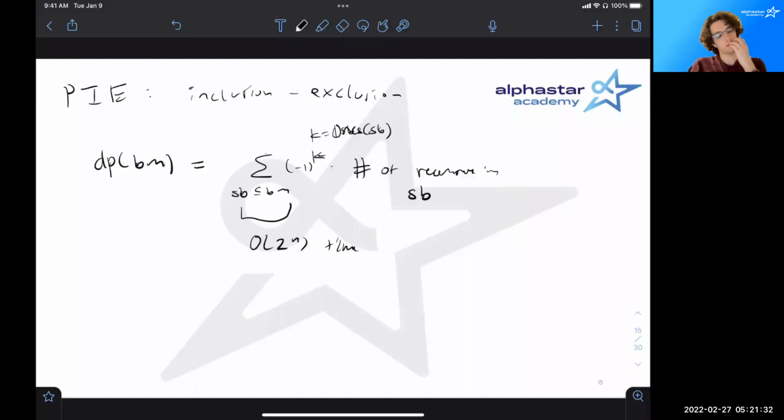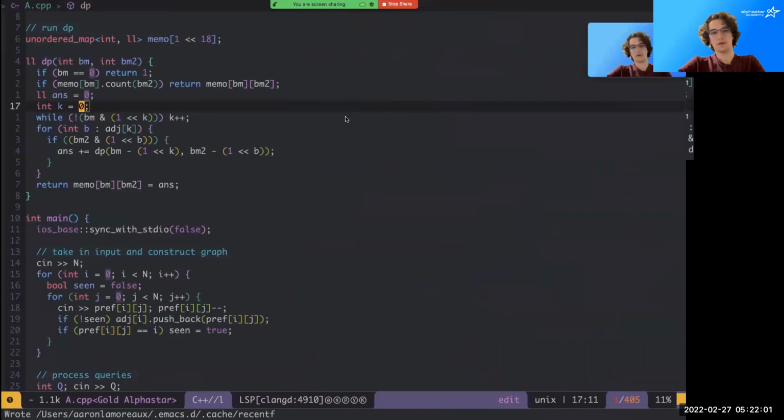Because you want to remove, how does this work? You ignore some set. And maybe I'm just gonna try coding that to confirm that this formula is correct.